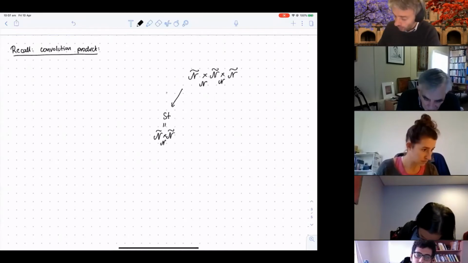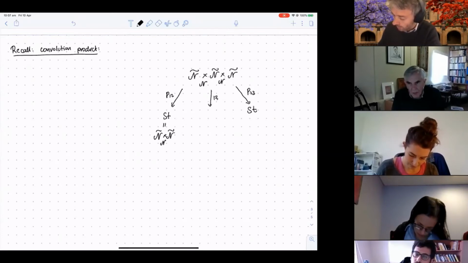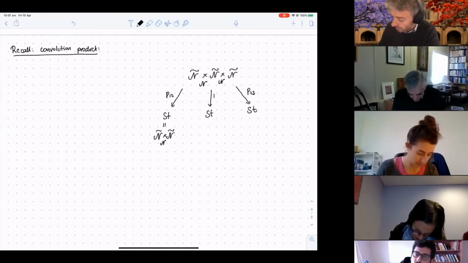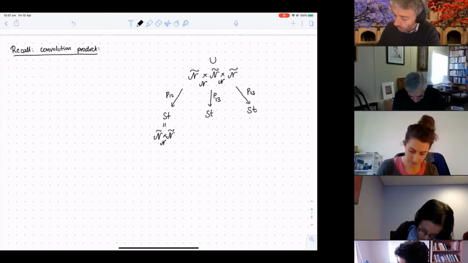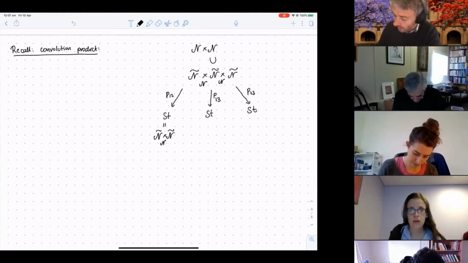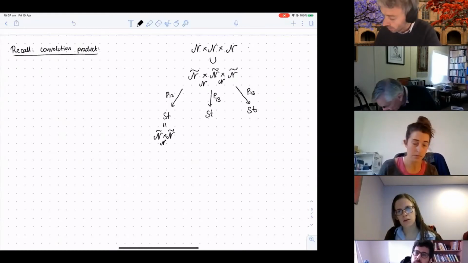So this has the first and second projections, the second and third projections, and the first and third projection. And also notice, and this is really important to actually do calculations, that this sits inside something which is smooth.